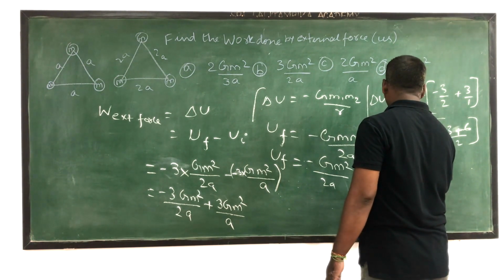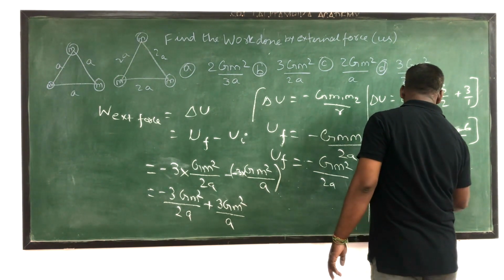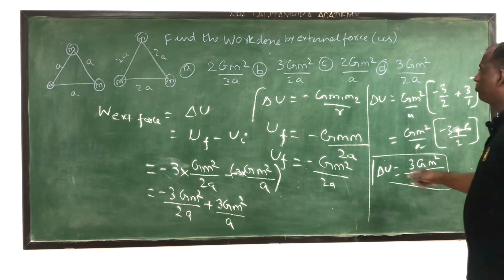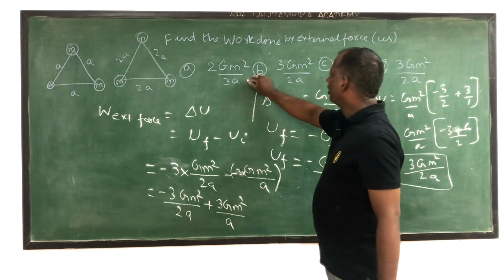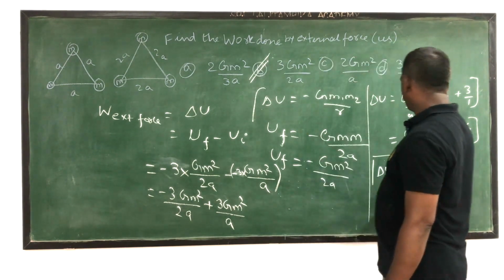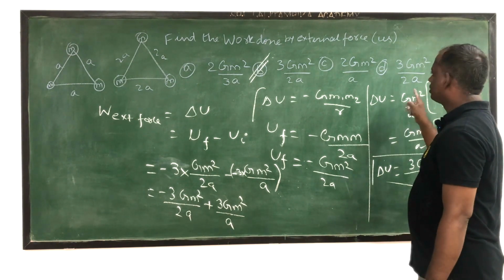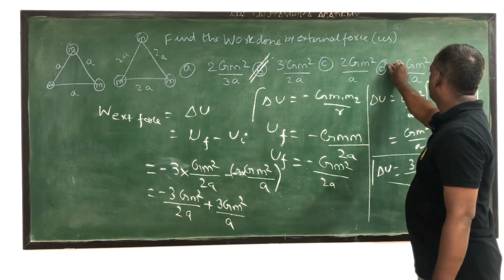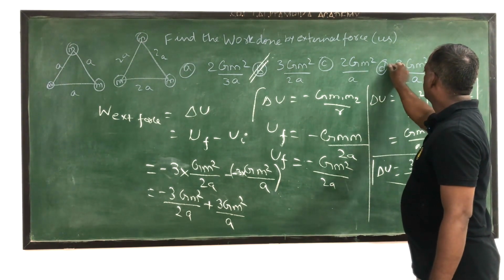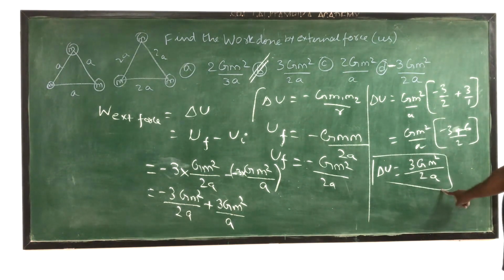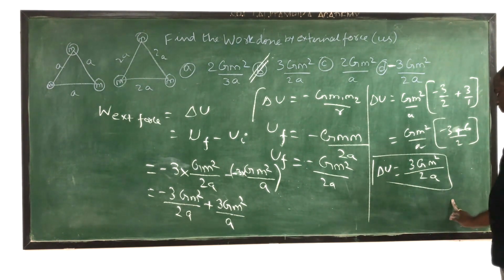So this is delta U. And it is plus 3GM square by 2 times a. So again minus, the answers are the same, so the option is the same. Therefore B is equal to 3GM square by 2a.